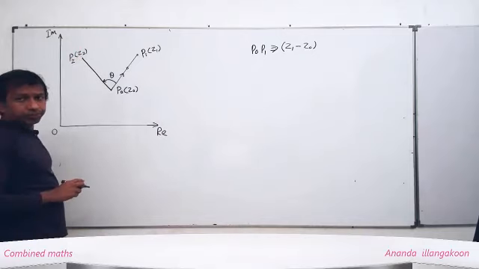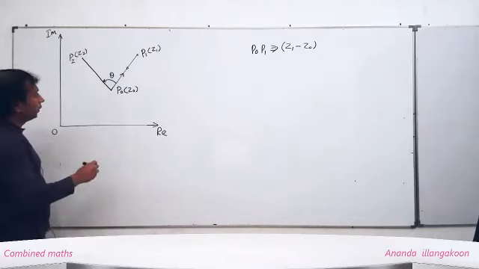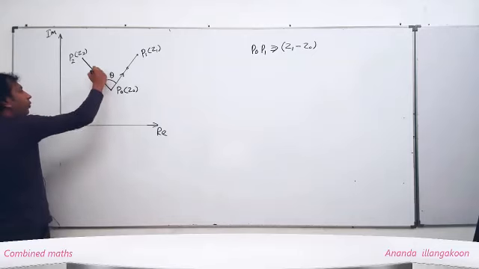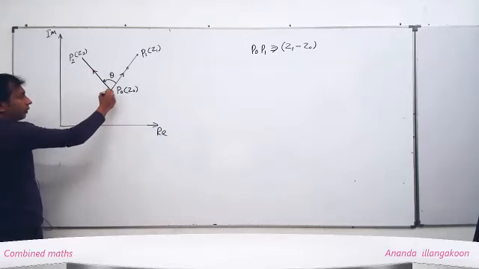I draw the arrow on P0P2 in this direction and produce the line this way.